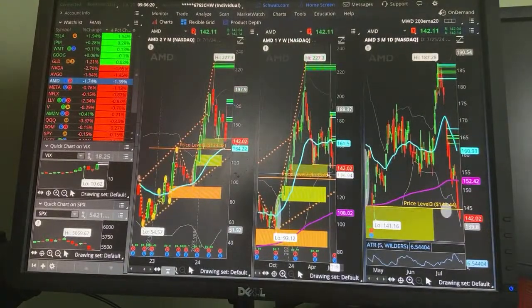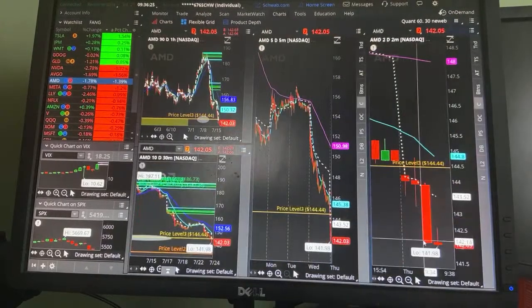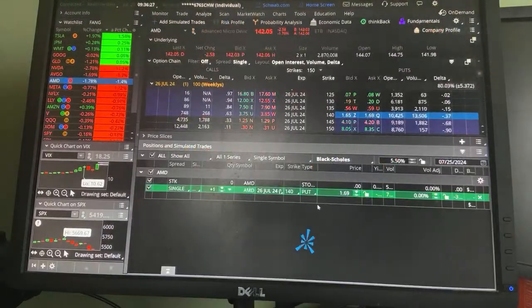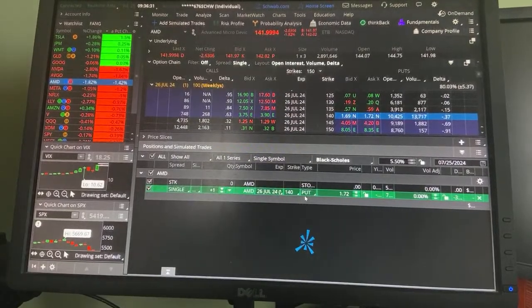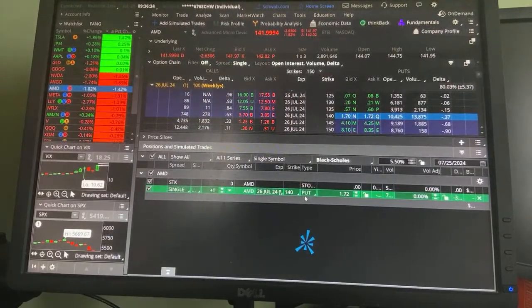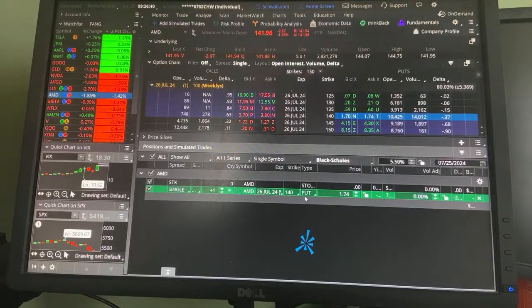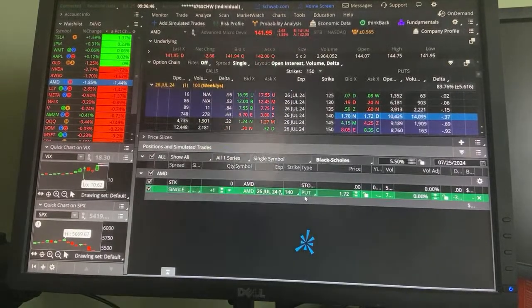All right, we are lower in this weekly demand, but it's not the first time, so we'll see. See if we can get a little bit more momentum here. AMD long put. All right, I'll pull the trigger on this 140 strike. All right, I'll get you the fill in a moment here.